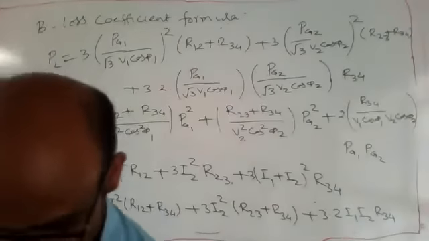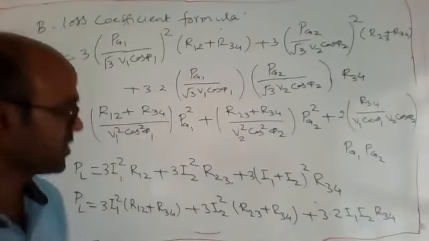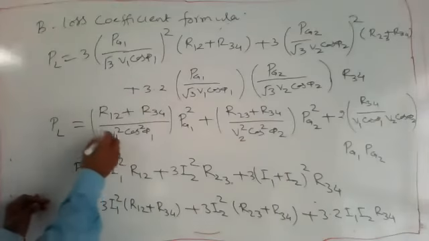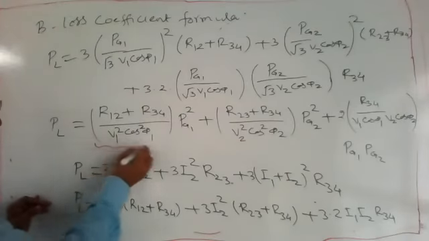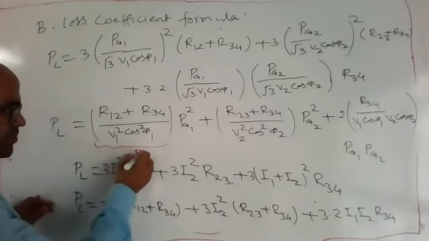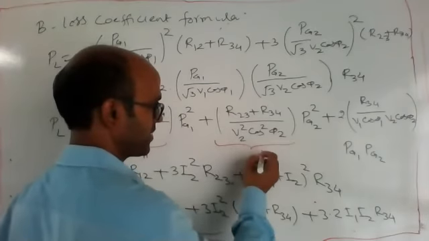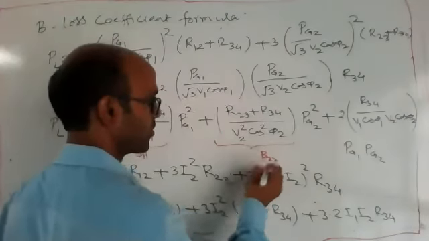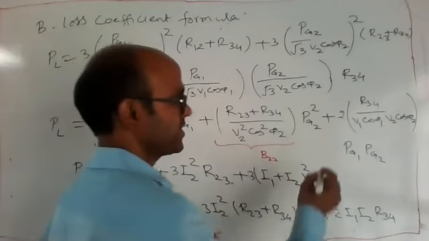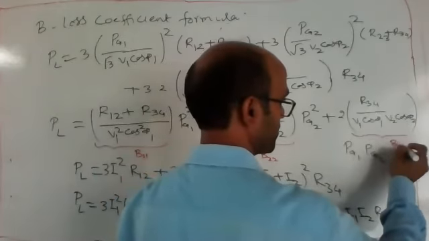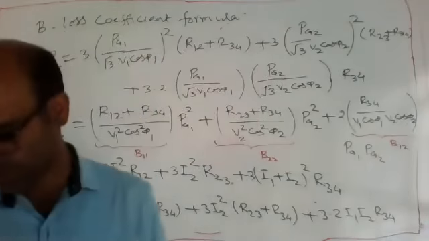Let us assume this one is constant, and that totally depends upon the line. So I am assuming this constant is B11, similarly this constant is B22, and this constant is B12.